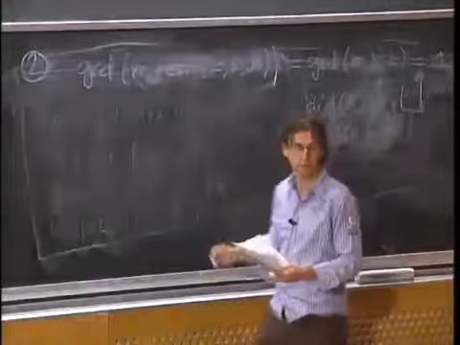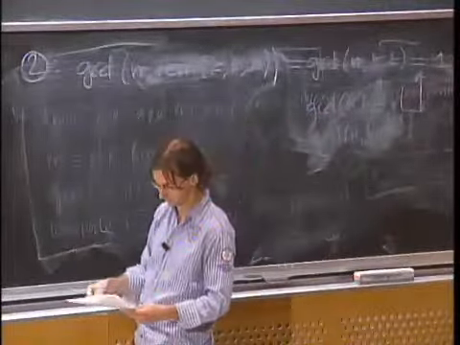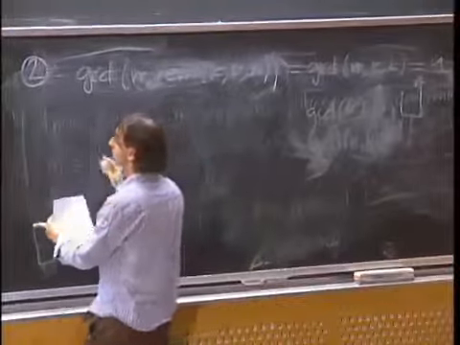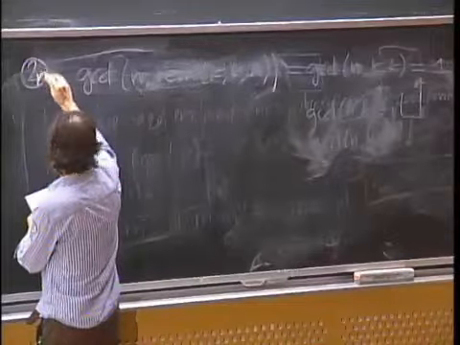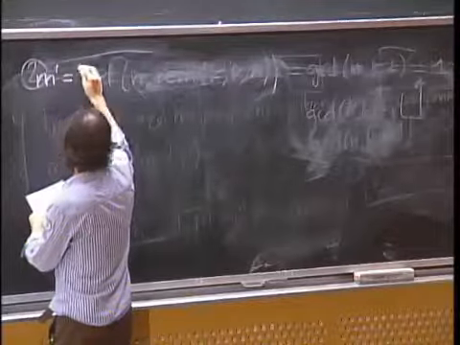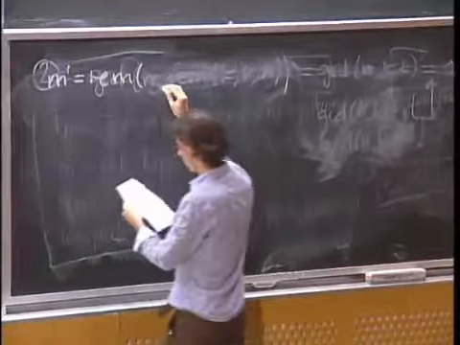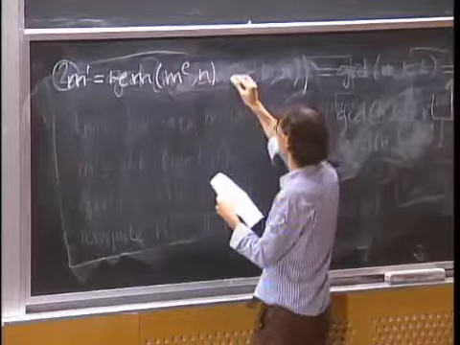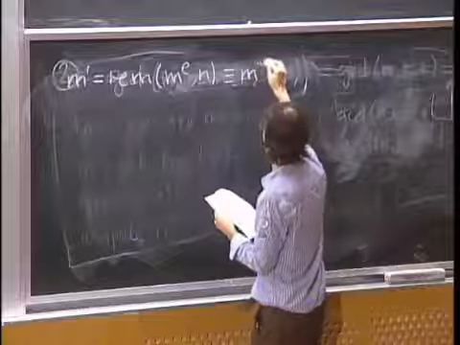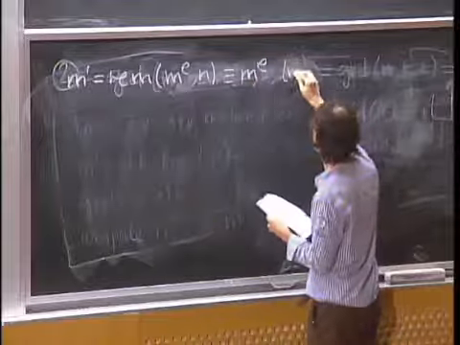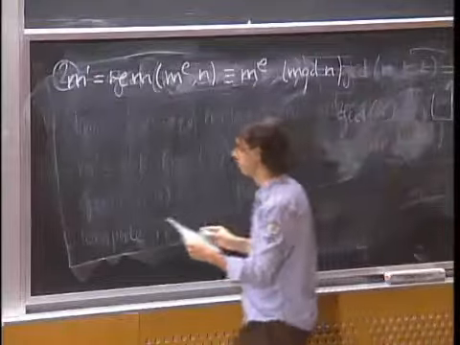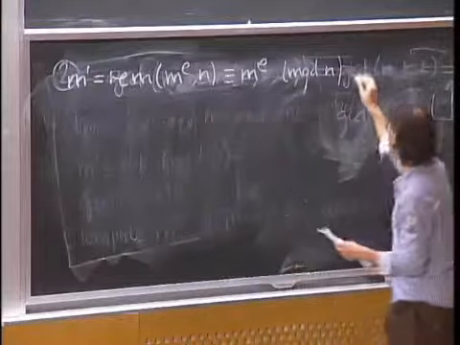It turns out that we can apply Fermat's theorem, and the idea is as follows. So let's have a look. We know that m prime is equal to the remainder of m raised to the power e, which is congruent to m to the power e modulo n. We have seen this now a number of times. So what does this imply?